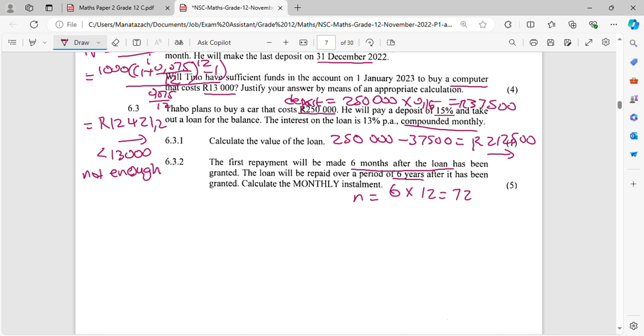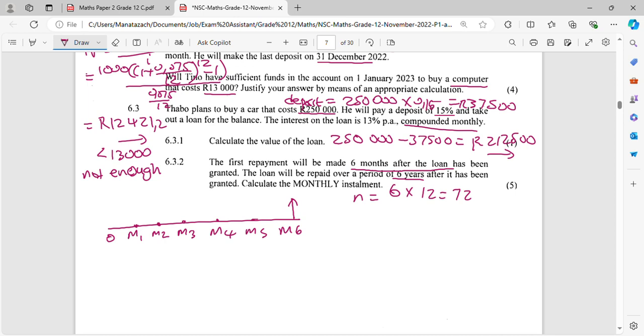So if you were to picture this, for the first 6 months, this will be month 1, month 2, month 3, month 4, month 5, and month 6. He's not paying anything there. And then after 6 months, you start paying.